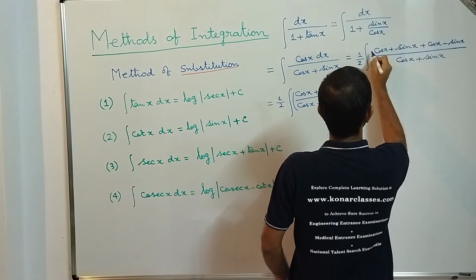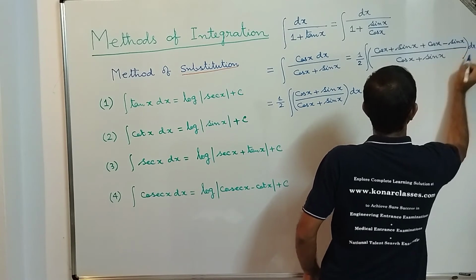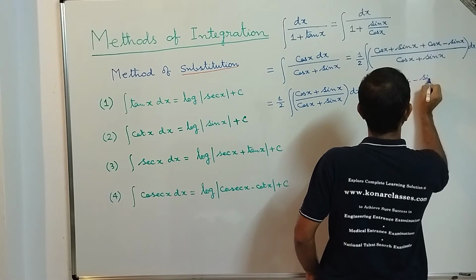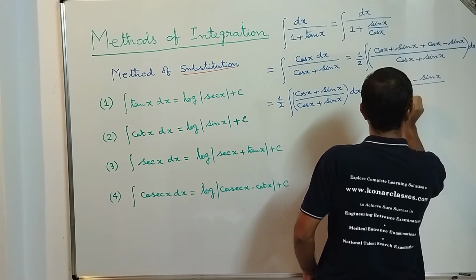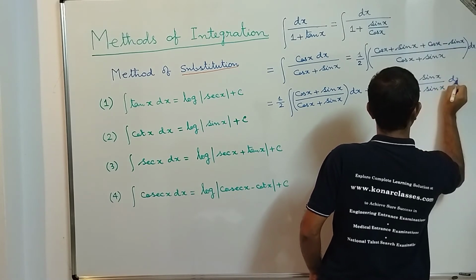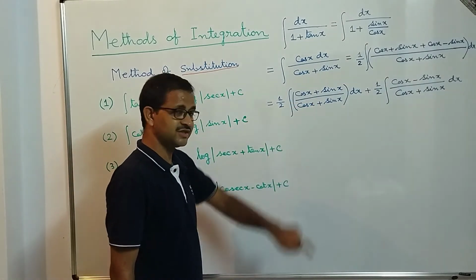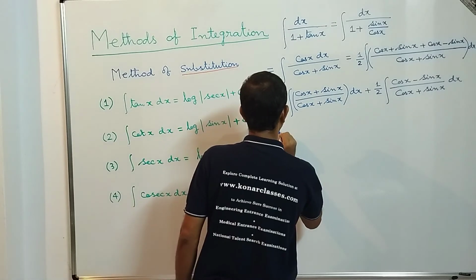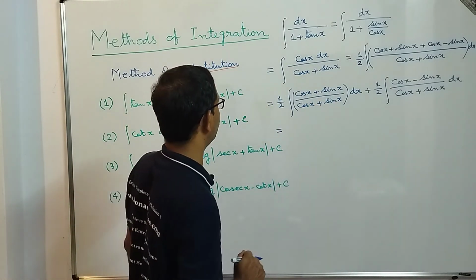By the way, here it will be 1 dx. Now cos x plus sin x in both numerator and denominator get cancelled. So what we will get? Subject to the condition, obviously, that cos x plus sin x should not be equal to 0.